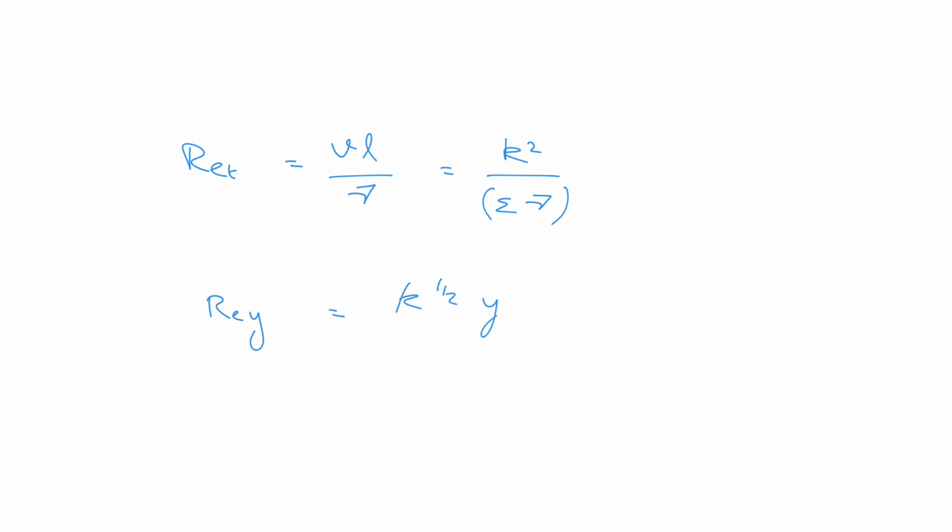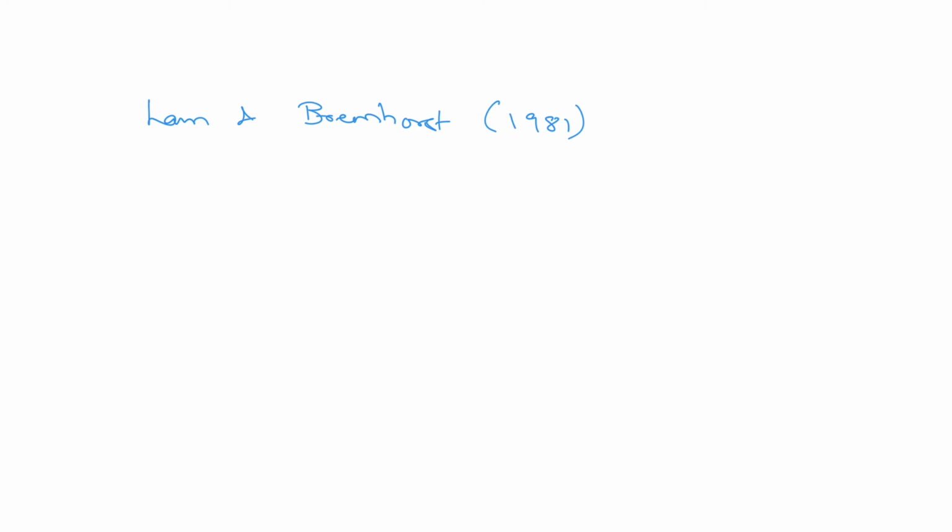These wall damping functions, which we have referred to earlier, are functions of turbulent Reynolds number. Re_t equals velocity scale times length scale over viscosity, which is given by k squared by epsilon nu, and Re_y is given by k power half y by nu. Lam and Bremhorst in 1981 came up with the wall damping functions.